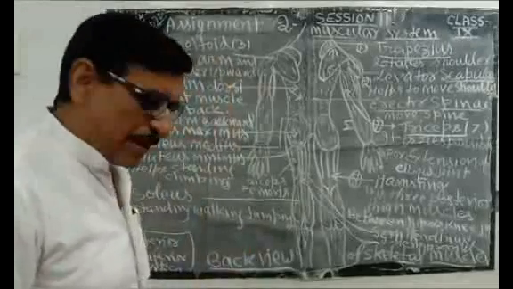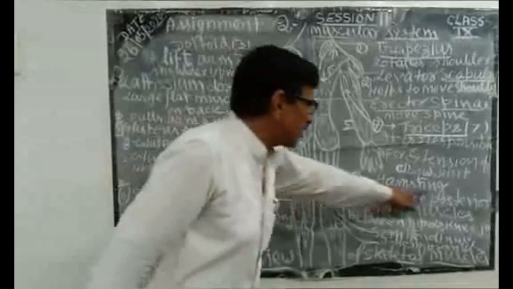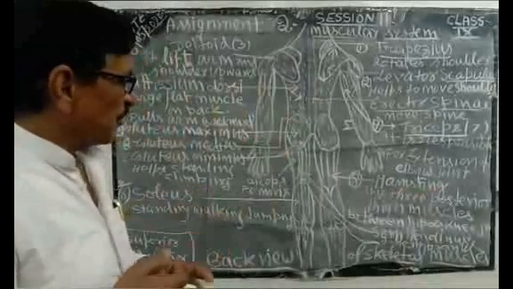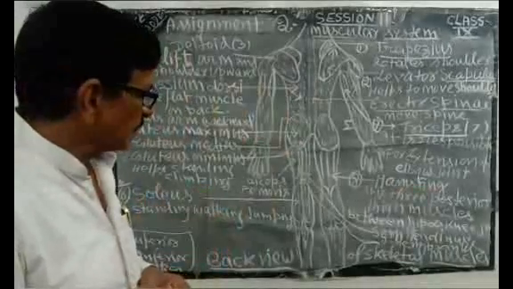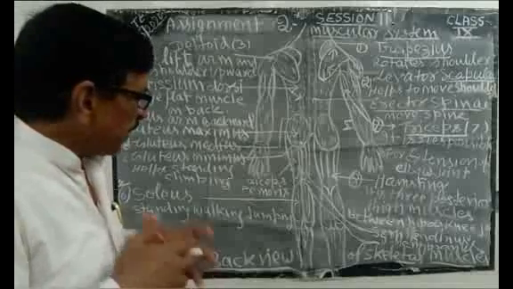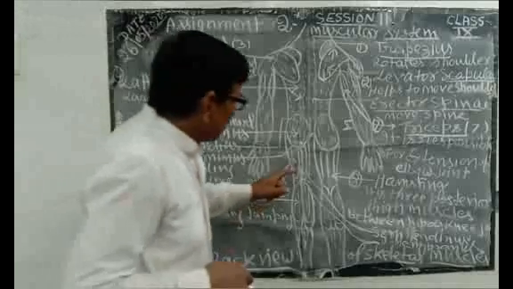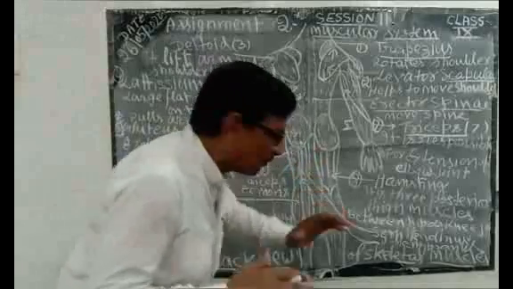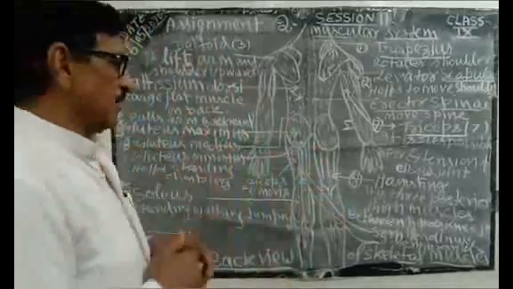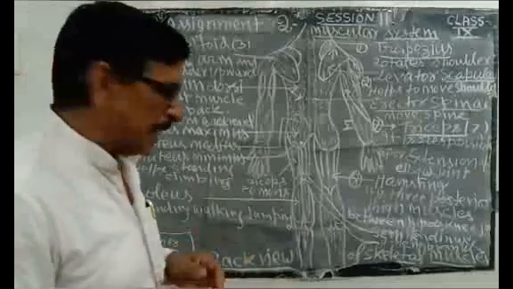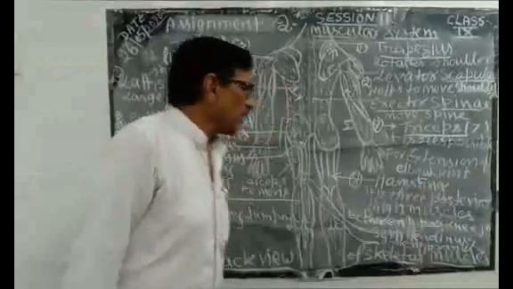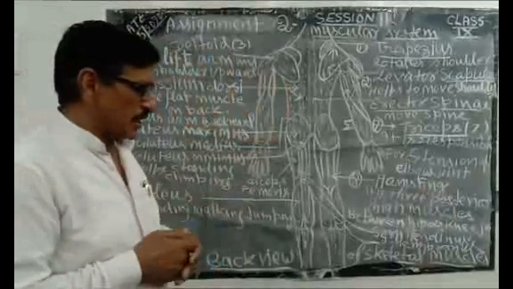We can say again about the hamstring muscles. The hamstring muscle is situated between the hip and knee joint on the back of the thigh. In another way, it is three posterior thigh muscles.